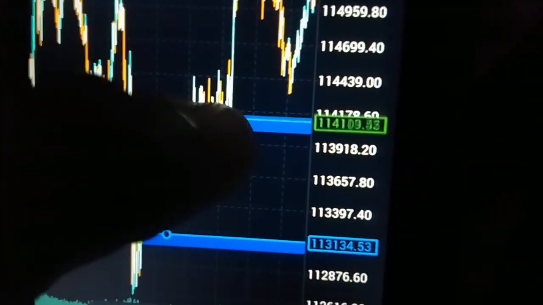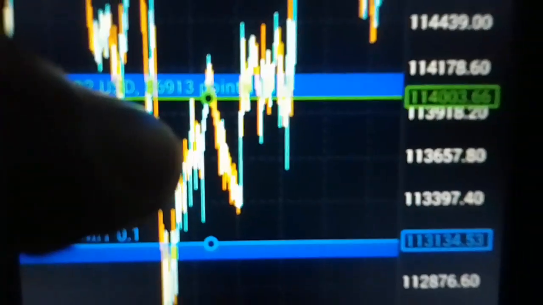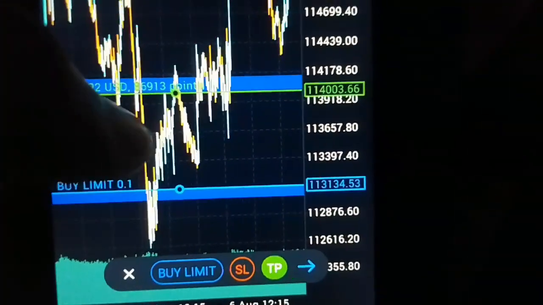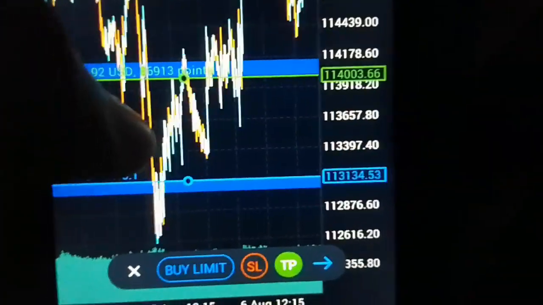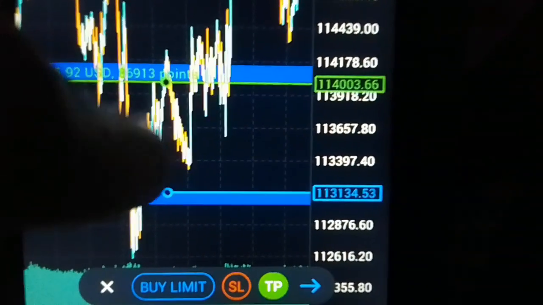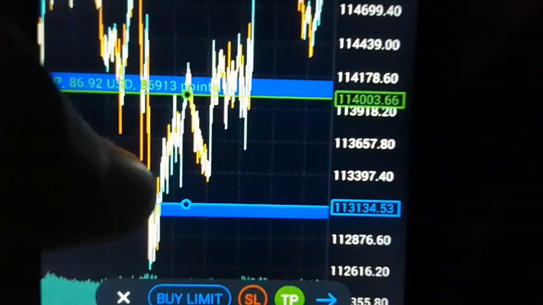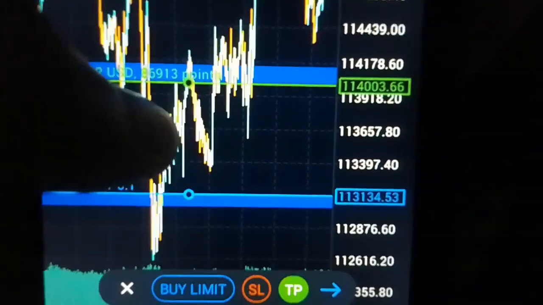Number one, this gap close. You can see these two big candles, meaning gaps gotta be closed, and this is actually what happened when gaps closed.